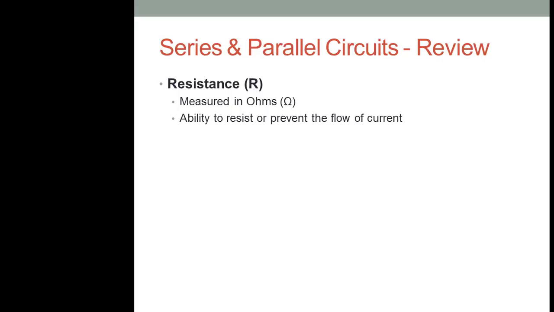If we want to slow current down for whatever reason, we need to put some resistance in there. And we will see that when we use the LED lights in the next section where we put together some circuits. We will need to use resistors because it's too much current flowing to those LED lights. So we are going to resist some of that current. Resistance can only be positive. It cannot be negative.